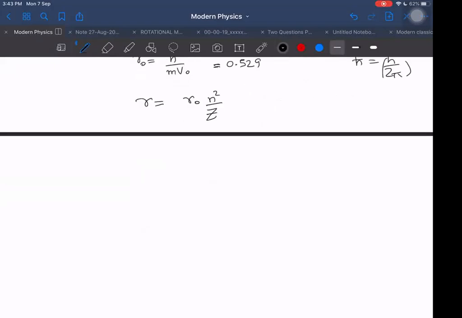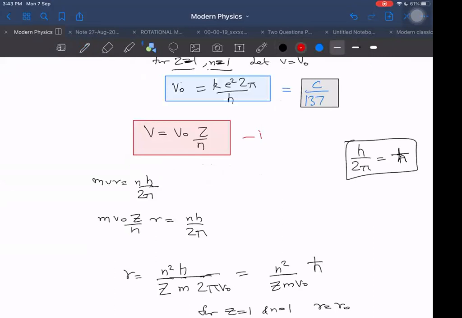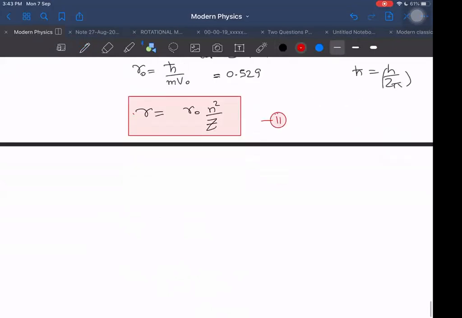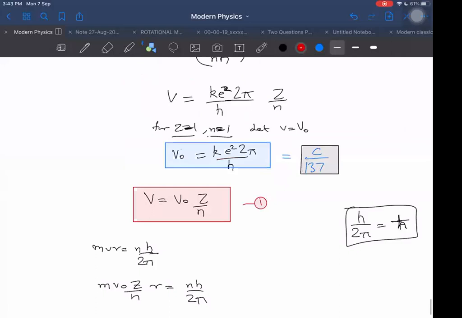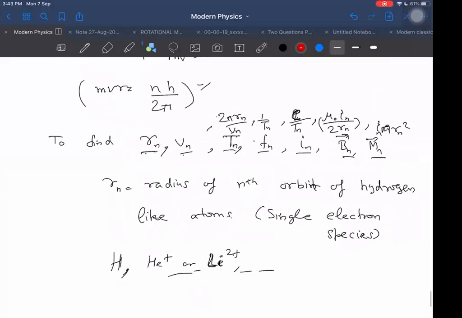Now, one more relation we got here, and let me cover it up first. These two relations I have boxed. From here, I will get others also. From these two, it is just one by one. You can get all others by these relations which I already wrote before: 2 pi r n upon v n.